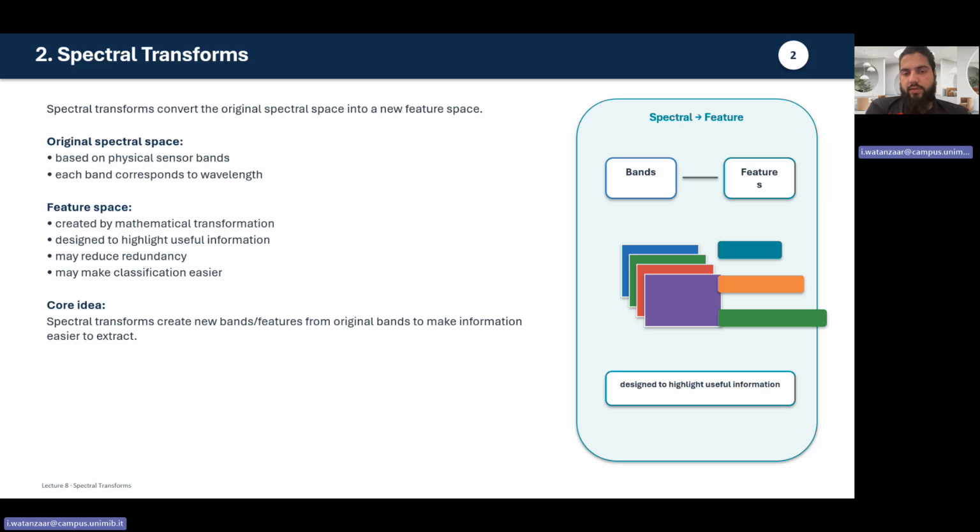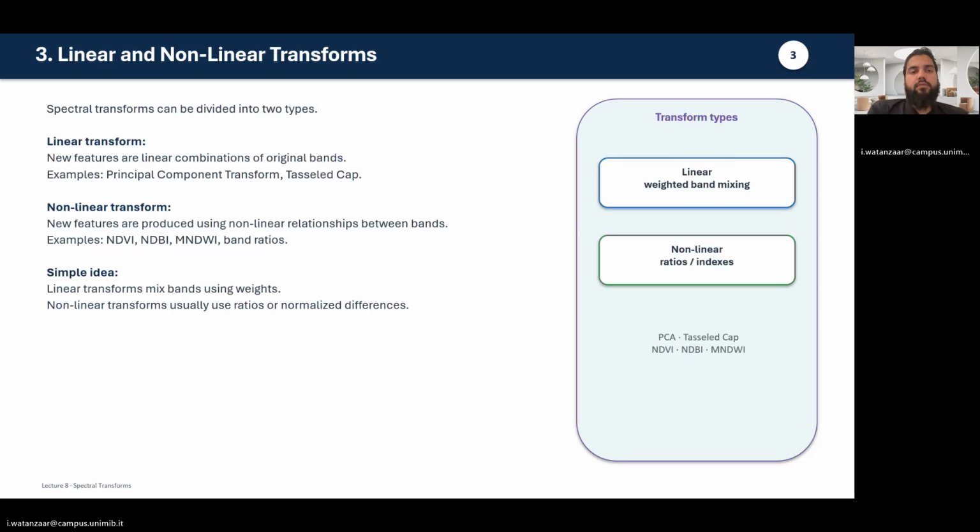It is a set of features derived from the original bands to make information easier to extract. We make this information ready to be classified and assigned in a mathematical way.